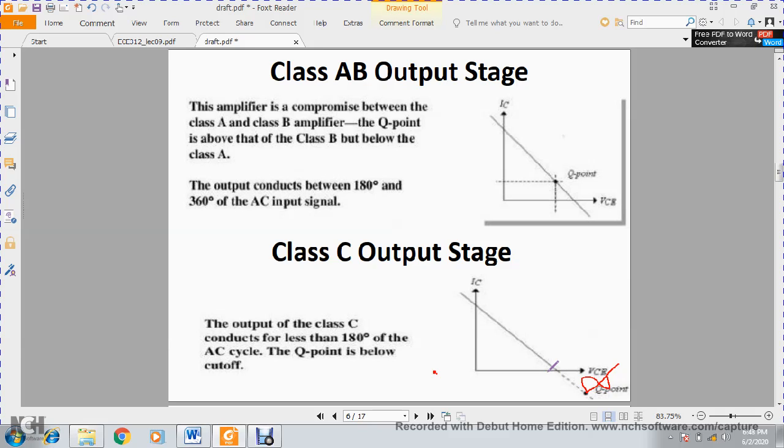When it goes to the on state, your output starts producing. It should be something like this, but because of this Q point, you get only this portion, something like this. And for the negative cycle, there is no negative signal; it is 0. So this is the class C output stage.